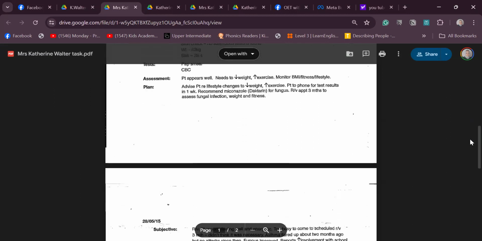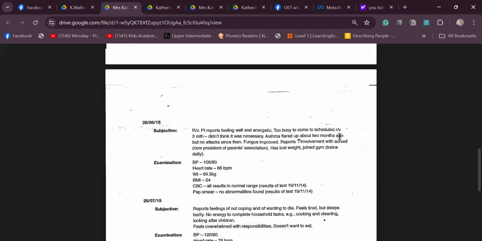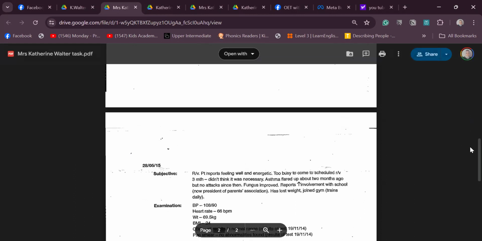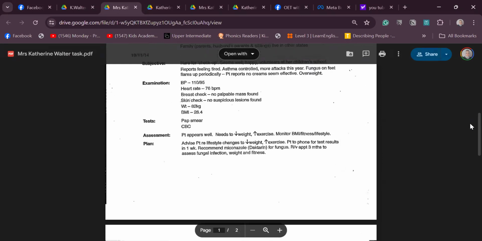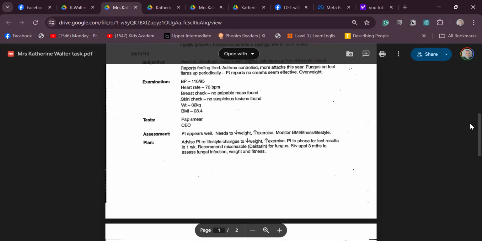But in this task, you are not going to find anything related to the main medical issue. Only patient feeling well and energetic, too busy to schedule a review, nothing related to the main medical issue. So if I wrote such data, that means I'm going to include irrelevant data. Irrelevant data will reduce your score in conciseness and clarity, according to the assessment criteria, and will reduce your score dramatically.